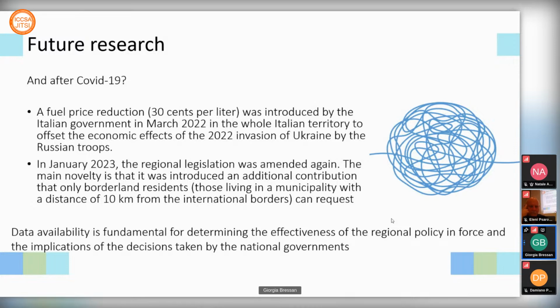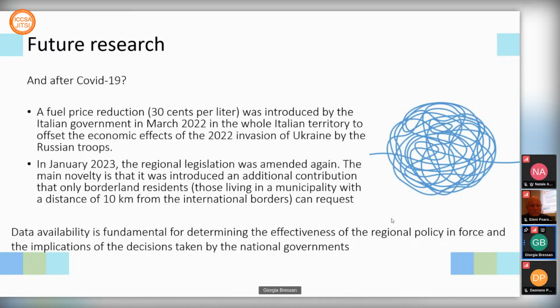Well, last year there was a fuel price reduction introduced by the Italian government in response to the economic effect of the 2022 invasion of Ukraine by Russian troops. So there is another shock in the market.